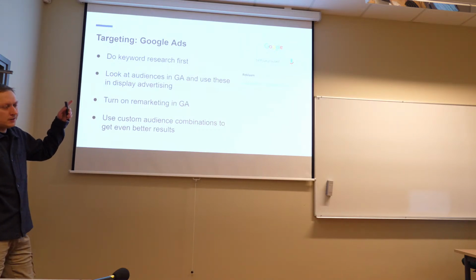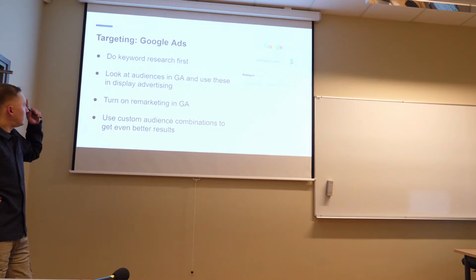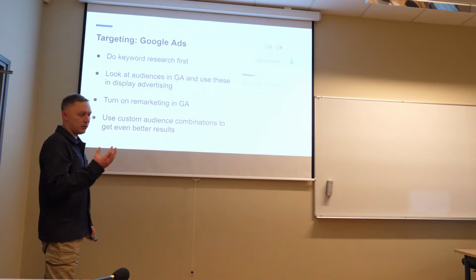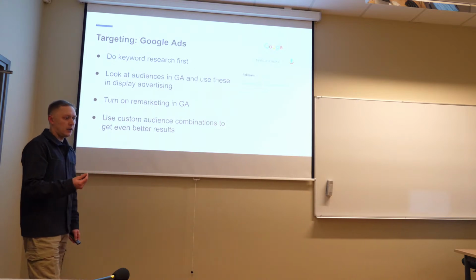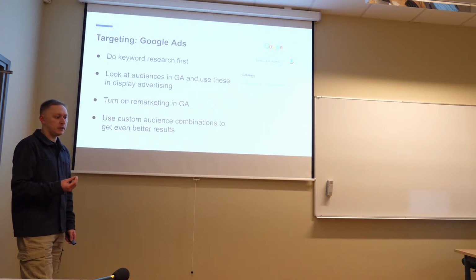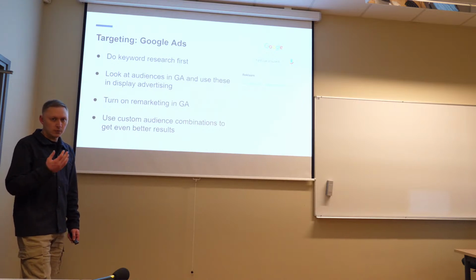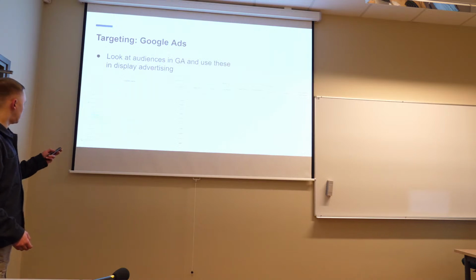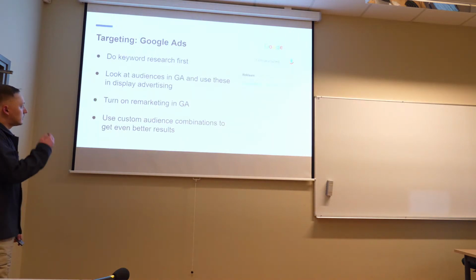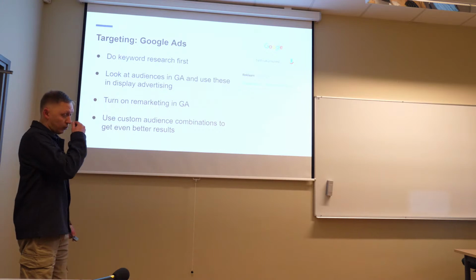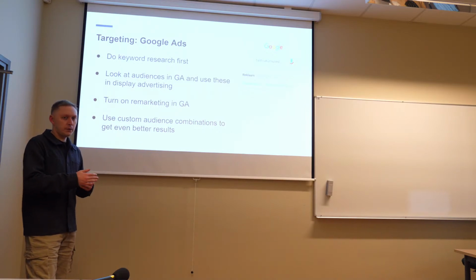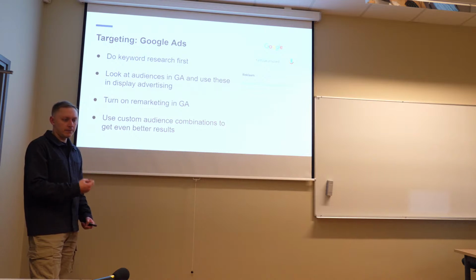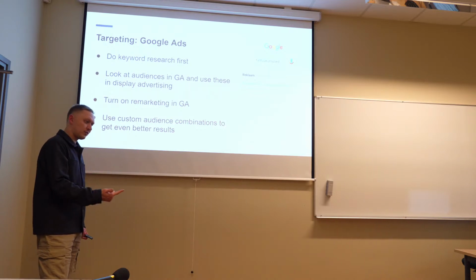That's called GA there, and you see these segments of people, audiences, and more precisely, they're called in-market audiences, which I'll get to in a second as well. Yeah, they're here. Google puts people into groups of affinity audiences and in-market audiences.